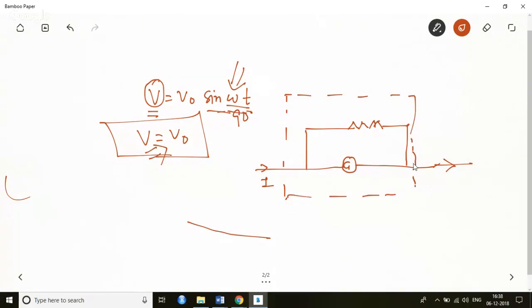Obviously there would be some resistance over here, so the current would get divided into two parts of this circuit. Suppose the current going over here is Ig, and the current in this other part would be I minus Ig.